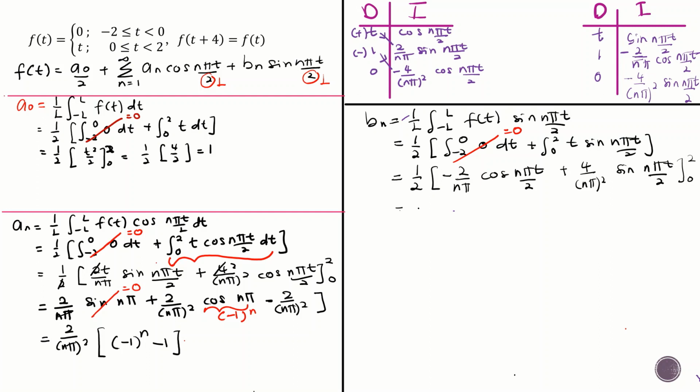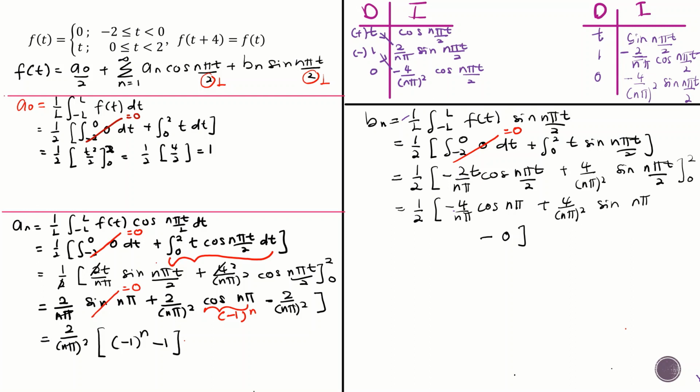We're going to substitute the limits. This is negative 2 over n pi. We have t here, therefore in the upper part it's 4. Cos n pi plus 4 over n pi squared sine n pi, minus 0 minus 0, since sine 0 is 0.